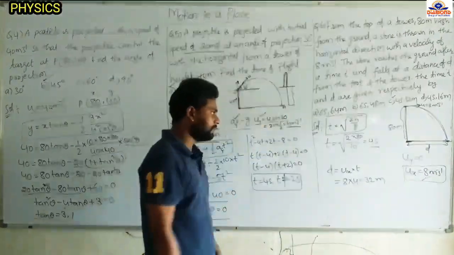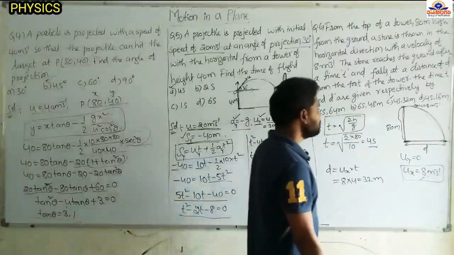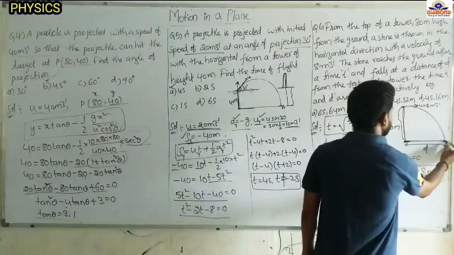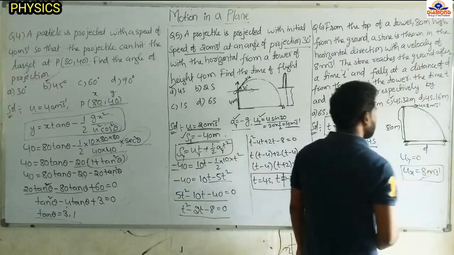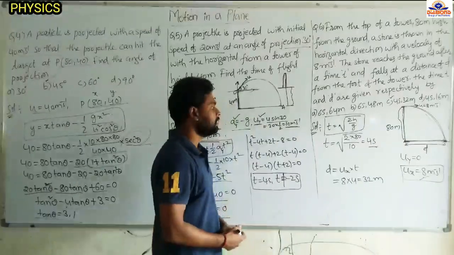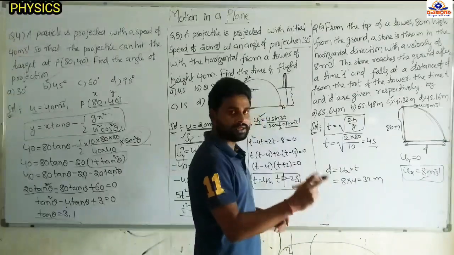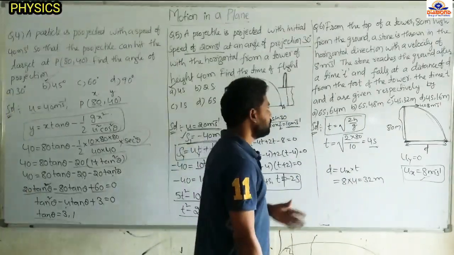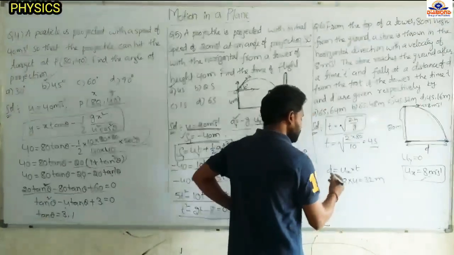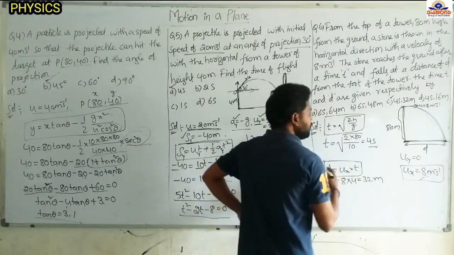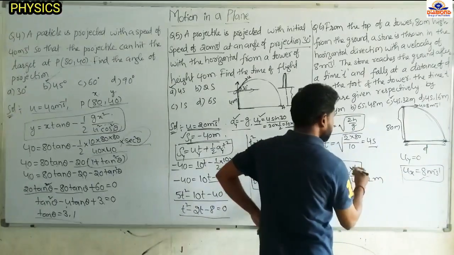Okay, 4 seconds completed. Next they are asking the distance from the foot of the tower where the object is striking. This d we have to find. Horizontal distance, as I said already, horizontal distance or range equal to the horizontal velocity into time of flight.